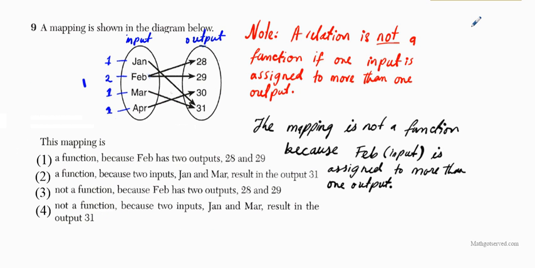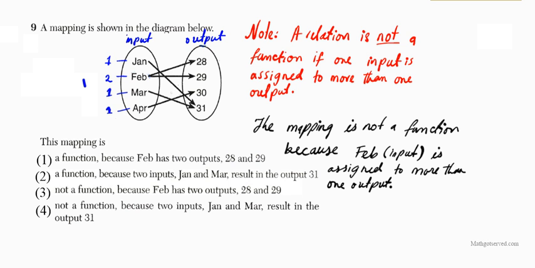Okay, number 9, we're given a map representation of a relation, and we have to determine if the mapping is a function or not, and what the reason is as to why it is not a function, or if it is a function, why. So you have to remember that functions assign every input to exactly one output.